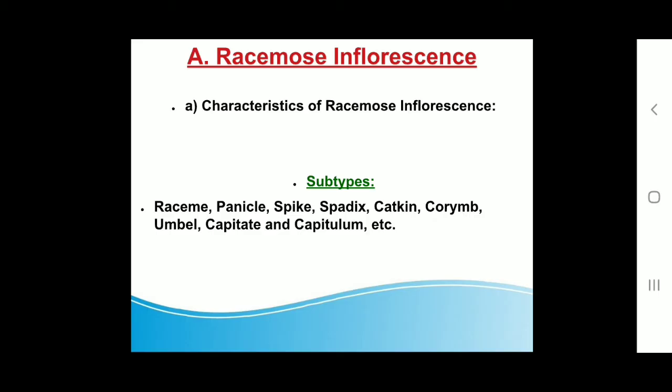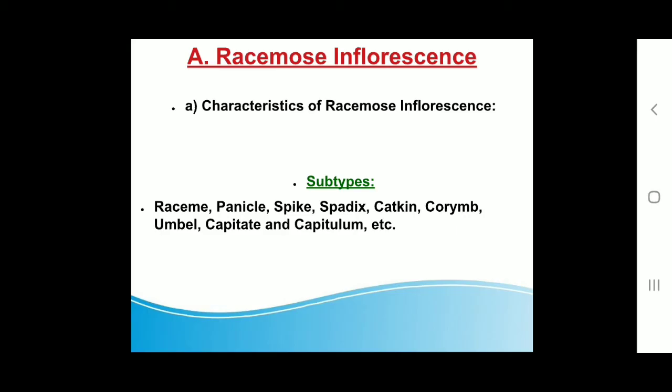The rachis never terminates in a flower. Second character, the primary axis grows indefinitely. Third character, there is no limit to produce flowers, therefore also called indefinite inflorescences. Fourth character, the lowermost or outermost flower opens first and gradually progresses upwards or towards center.